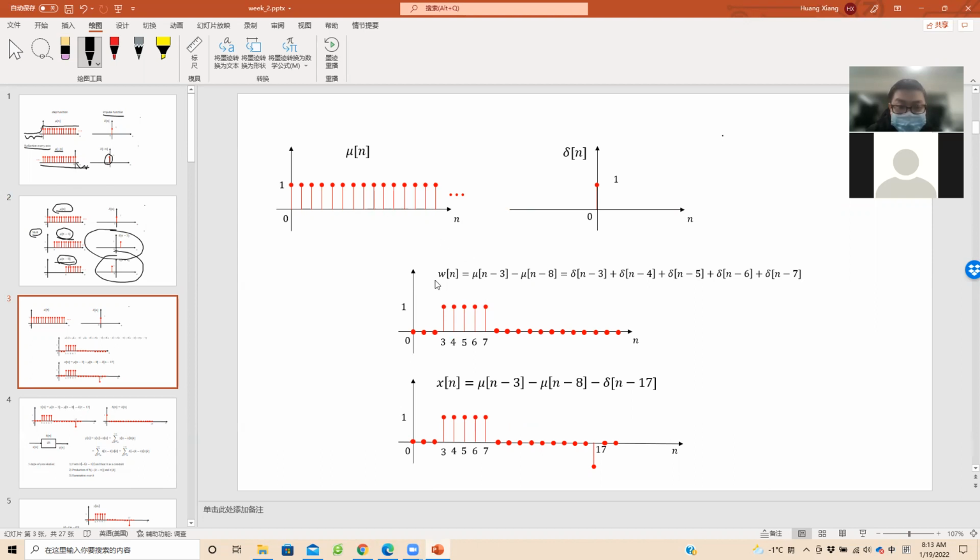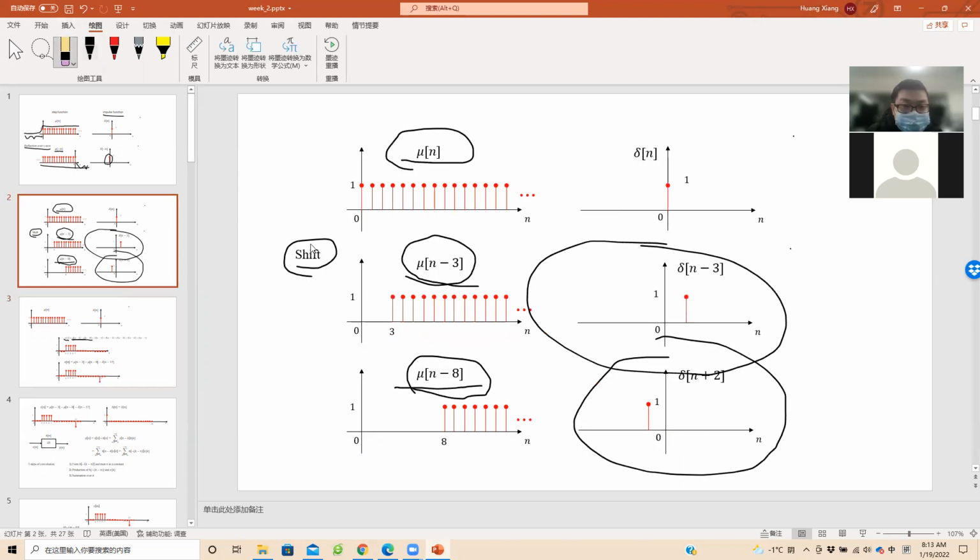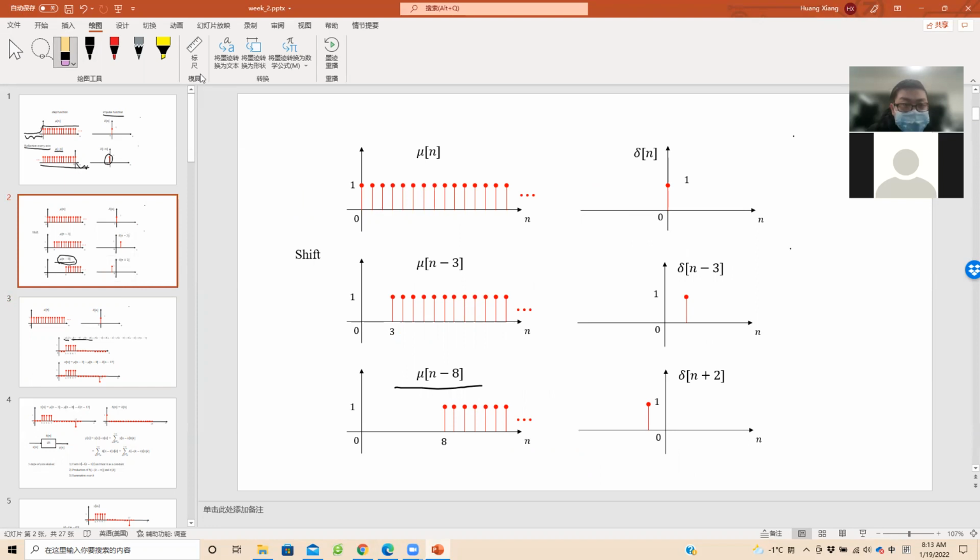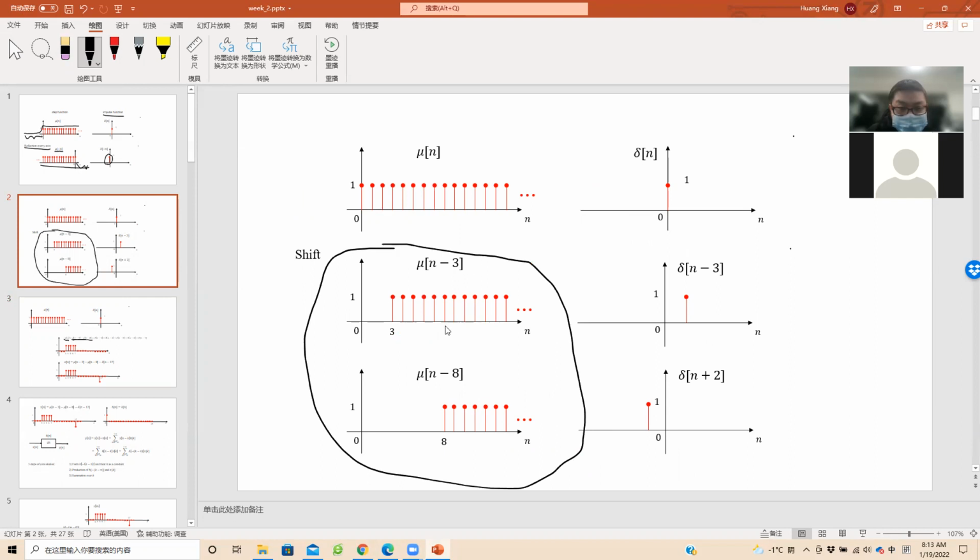For example, if we want to define w of n, which is u of n minus 3 minus u of n minus 8, you can see, according to these two figures, in the subtraction of these two signals, this part is cancelled out.